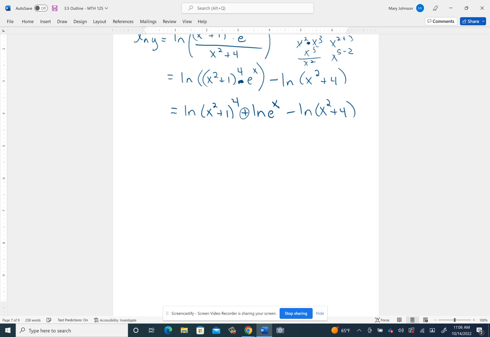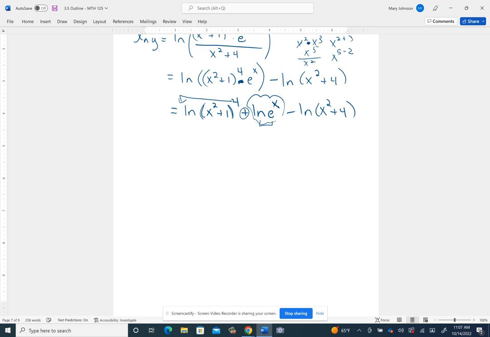Now there's another rule that we can use, and that is to bring the exponents down in front. So this exponent, we have a power here. This can be brought down in front. Now, I can also bring the x down in front, but natural log and an exponential function with a base of e are inverse functions. So this term right here is going to turn out to be just x. E and natural log are inverses, like adding 5 and subtracting 5. So you get back out your input.